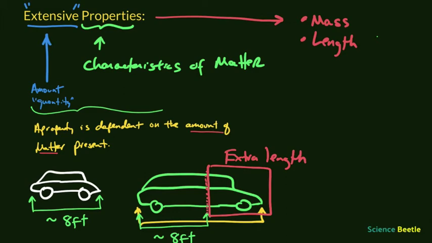So length is another one of those properties that we're looking at matter, so that if we increase the amount that we have, clearly in the case of mass and in length, that amount for the mass and the length respectively is also going to increase. The same is true if you decrease it. So if you have less matter present, the mass should decrease, and if you have less of a car present, then the length of a car should be less as well. Okay, so those are two of them that we have there.